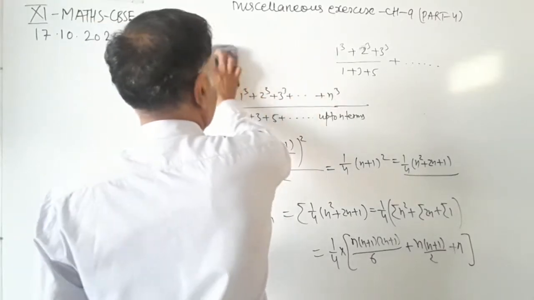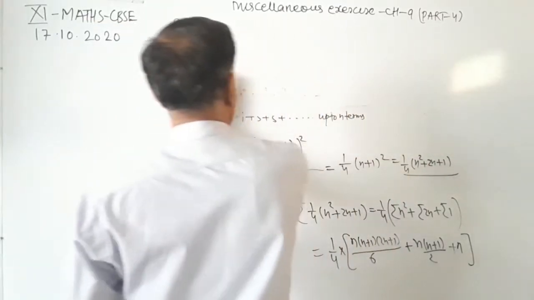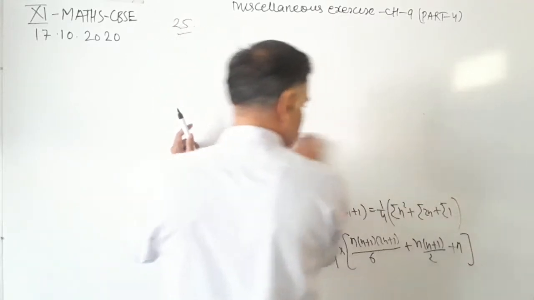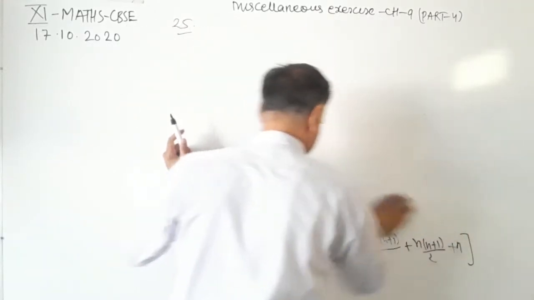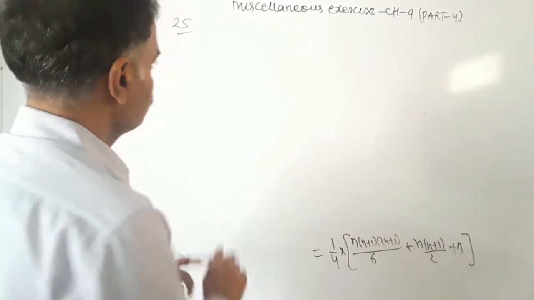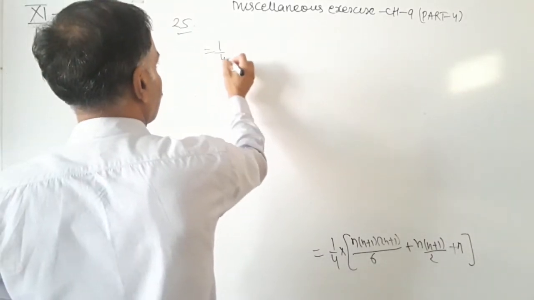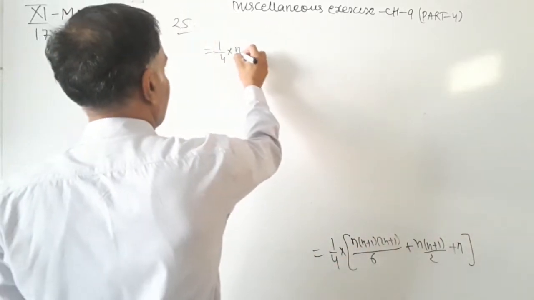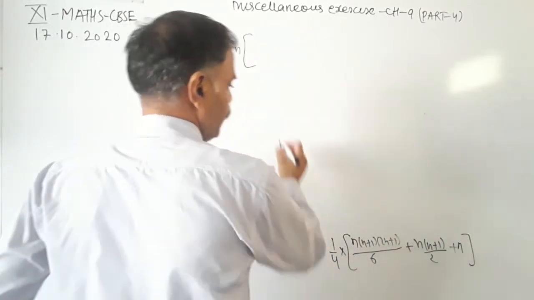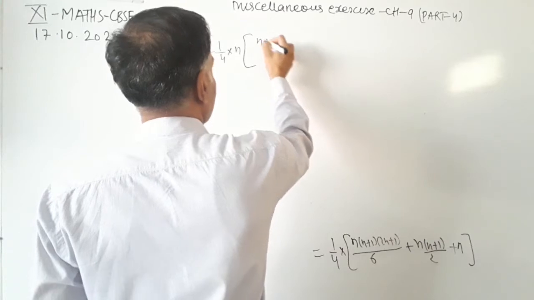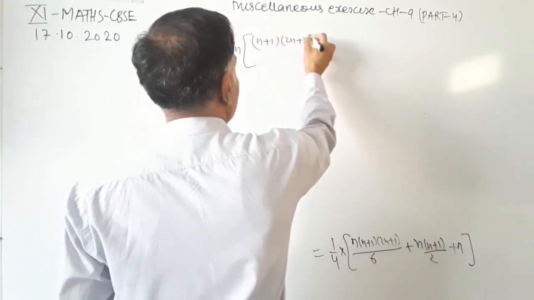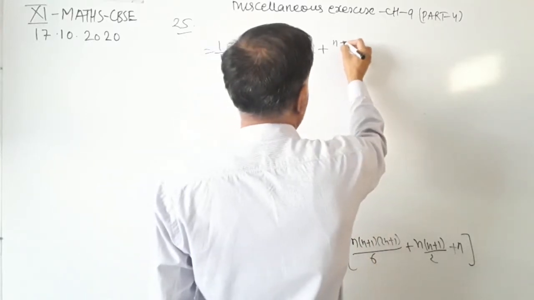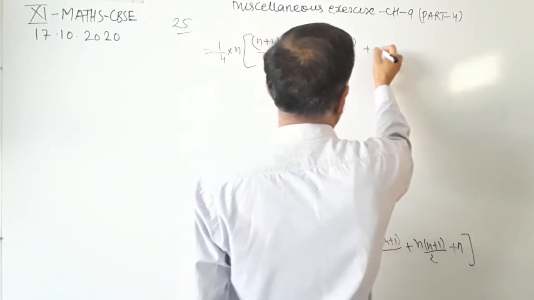So solving this by taking the common factor, we will get the answer. This equals 1 by 4 into n, which can be taken as common. So n, and the remaining terms are (n plus 1) into (2n plus 1) upon 6, plus (n plus 1) by 2, and plus 1.